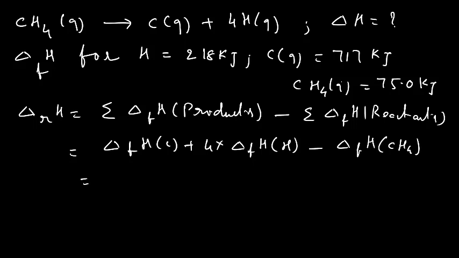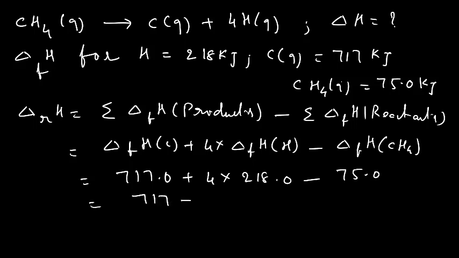Substitute the values of enthalpies of formation. For carbon it is 717.0 plus 4 into hydrogen 218.0 minus enthalpy of formation for methane, 75.0. So this is 717 plus 872 minus 75. If we simplify, we get 1664 kilojoule.